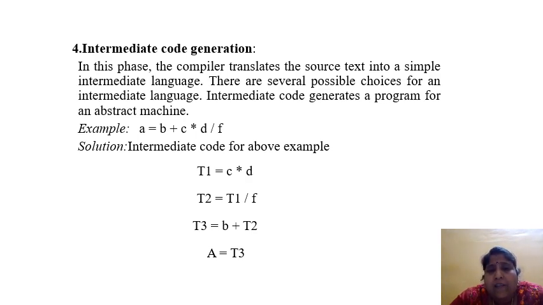Like we are having A equal to B plus C asterisk D by F. Here we will be having intermediate code like T1 is C asterisk D. T2 is whatever result we get from T1, divided by F. Again in T3 we will be having B plus the result that we get from T2. And in the final, A will be having the assignment from T3. So this is the intermediate code generation module.